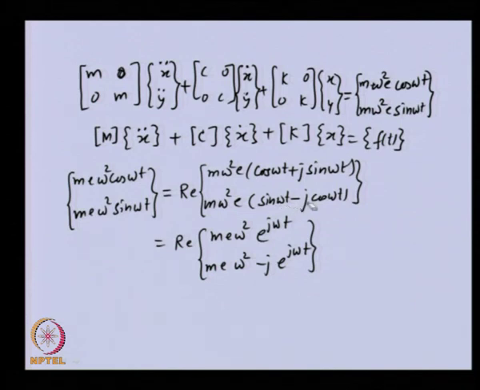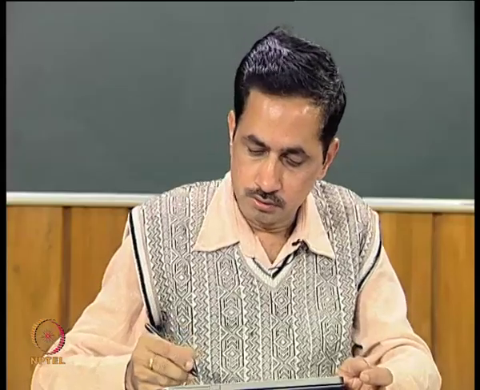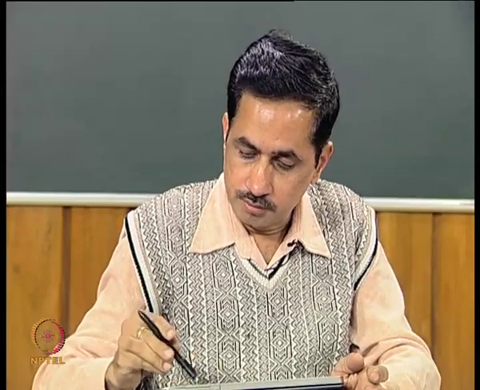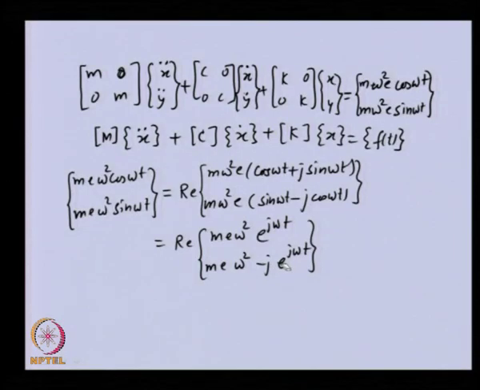So, we can write this particular expression. If we take minus j from here, we will get this expression, and now you can see that we are writing this as real part, let us say f unbalance in x direction and f unbalance in y direction, and e to the j omega t is common. So, I can take it outside.